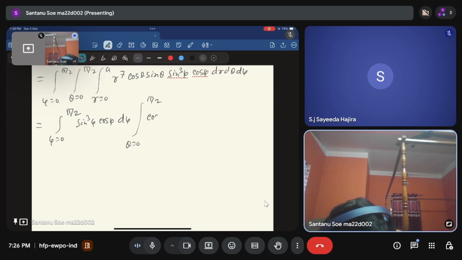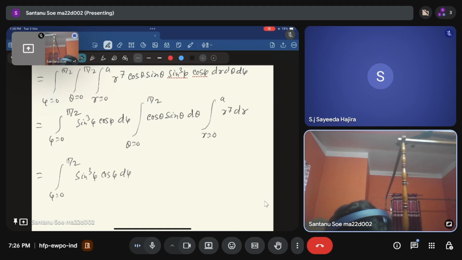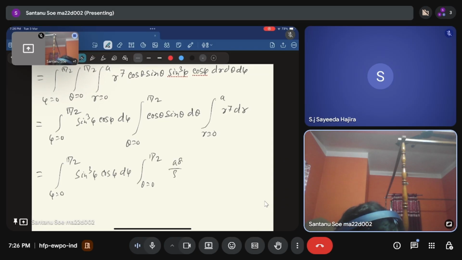This is gonna be cos theta sin theta d theta, and r equals 0 to a r to the power 7 dr. Okay, and this is gonna be phi equals 0 to pi by 2 sine cube of phi cos of phi d phi, theta equals 0 to pi by 2. Now this is r to the power 7 from 0 to a, so this will be a to the power 8 by 8, and then d theta, correct?